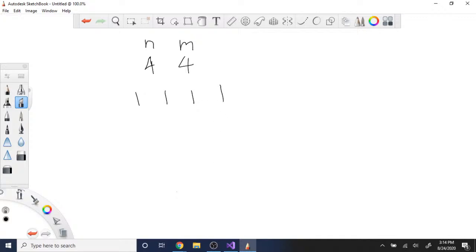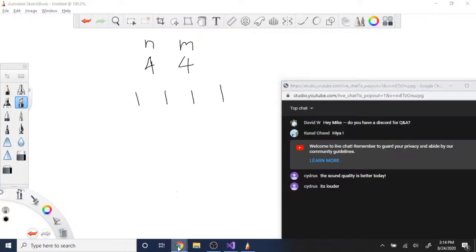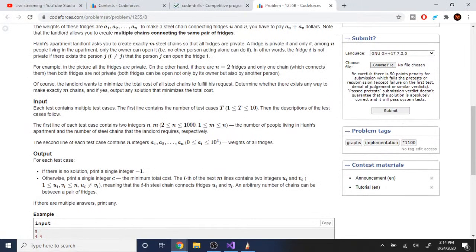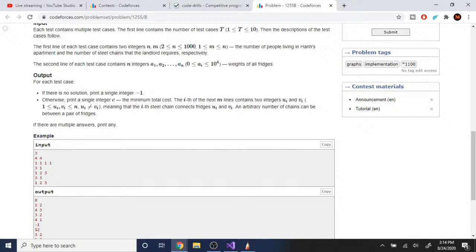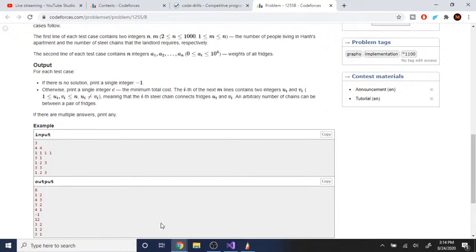And then, okay, so now these are the weights of all the costs, right? Okay. So now they said that if you were to do 1, 2, 4, 3, 3, 2, 4, 1, you're supposed to do 1, 2.